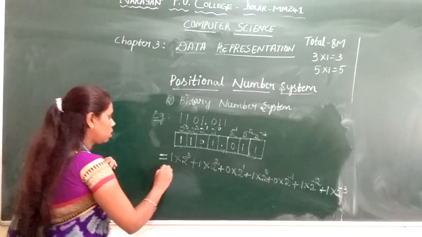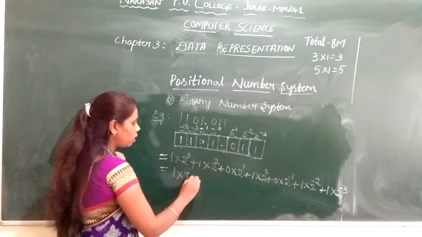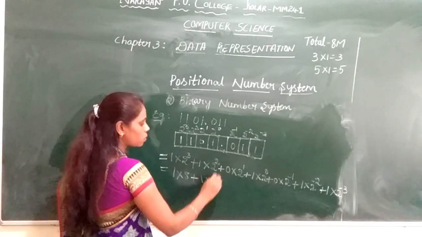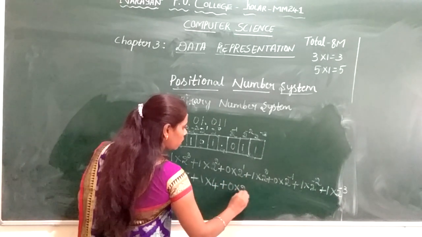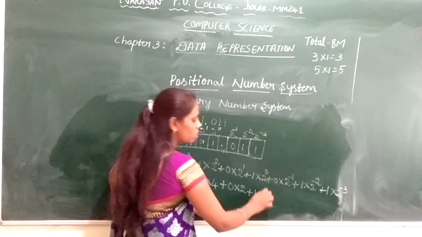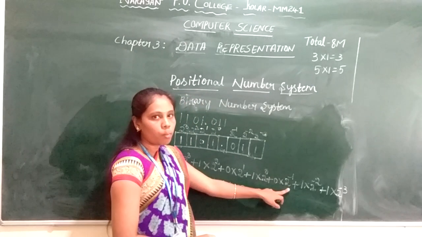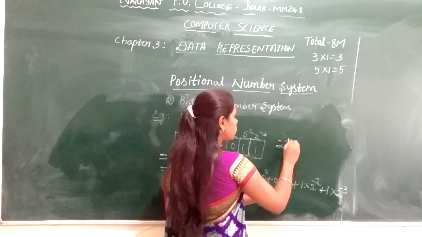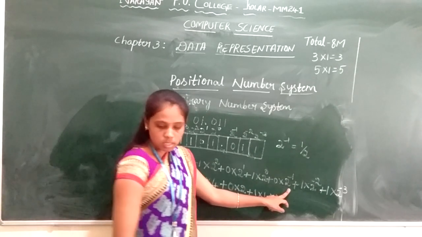Now 1 into 2 cube is nothing but 8 plus 1 into 2 square is 4 plus 0 into 2 power 1 is 2 plus 1 into 2 power 0 is 1 plus 0 into 2 power -1. 2 power -1 can be written as 1 divided by 2.